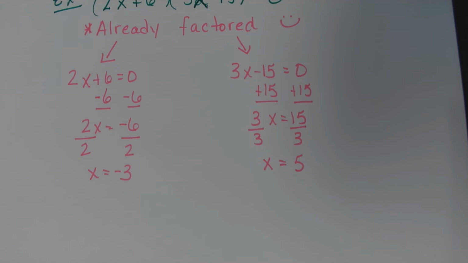I need to talk about what that means because we're going to go back to the graphing part. If x is negative 3 and x is equal to 5, that is where they touch the x-axis. What's another way to say solutions?